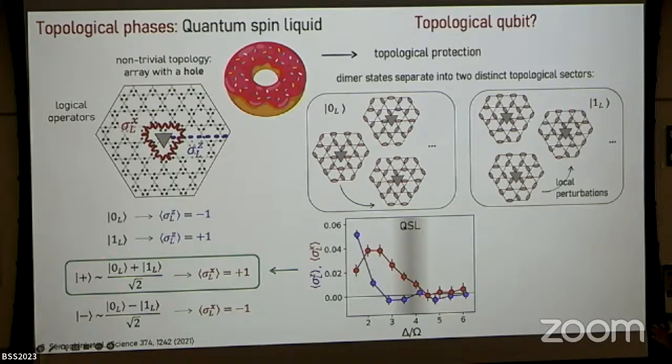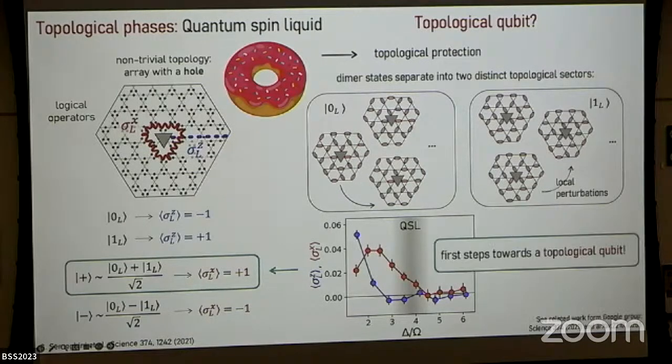So again, here, we still have a lot of technical limitations in the experiment, so we need to do better. But the basic idea is that this is a first step toward the implementation of a topological qubit with this spin liquid, where the standard state preparation that we do should initialize the plus state.